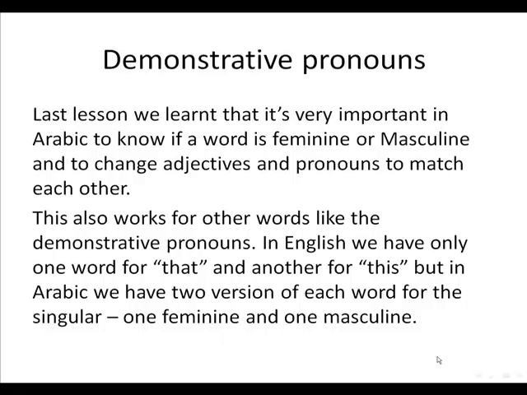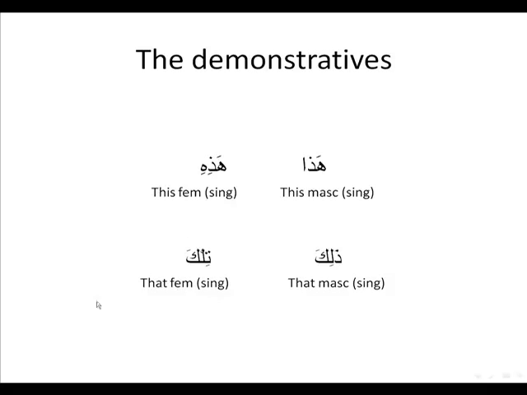Now, in Arabic, we have the same words, this and that, but they come in two versions. This for masculine things, هذا. This for feminine things, هذه. That for masculine things, ذلك, and that for feminine things, تلك.